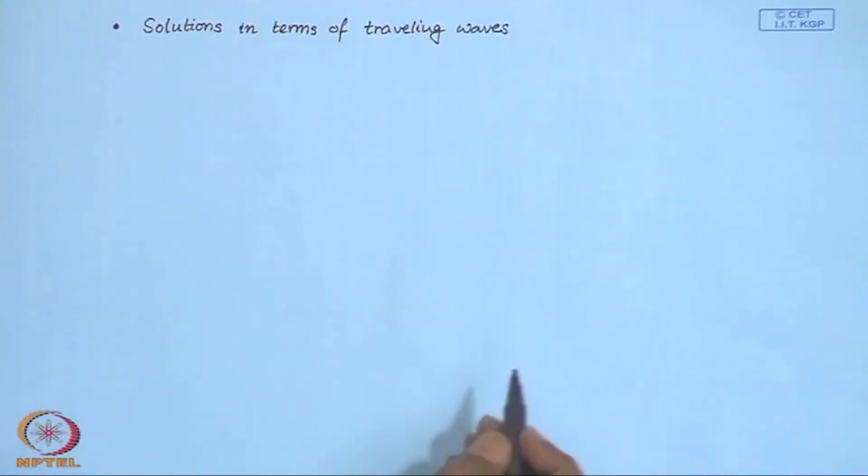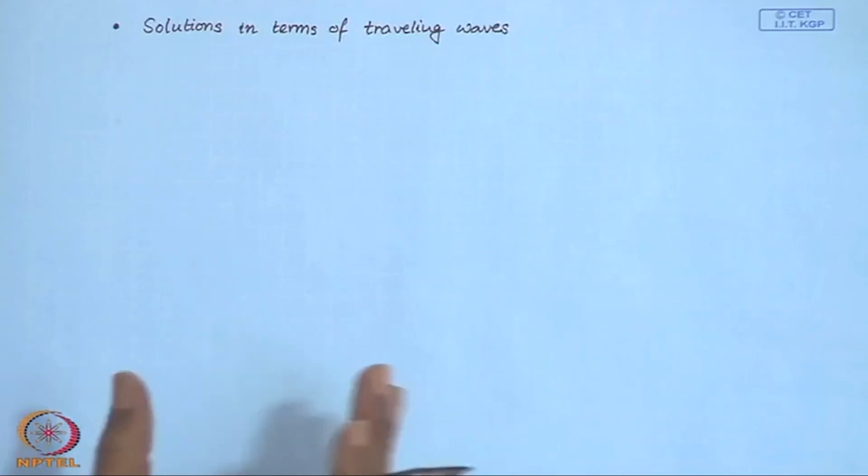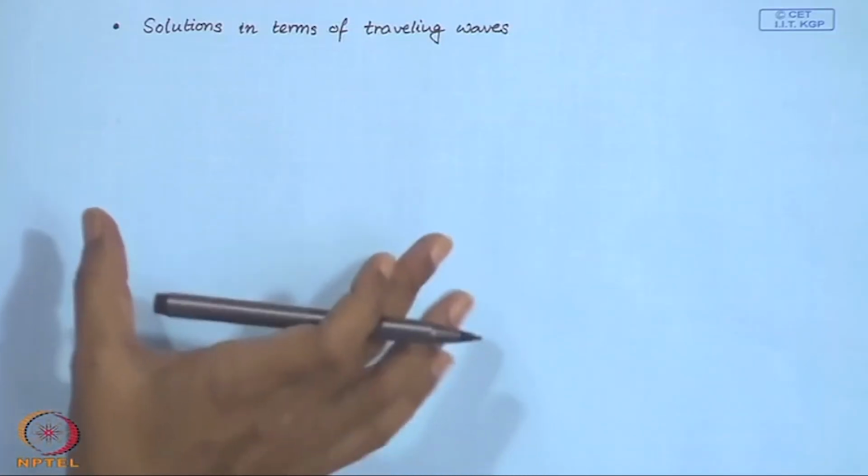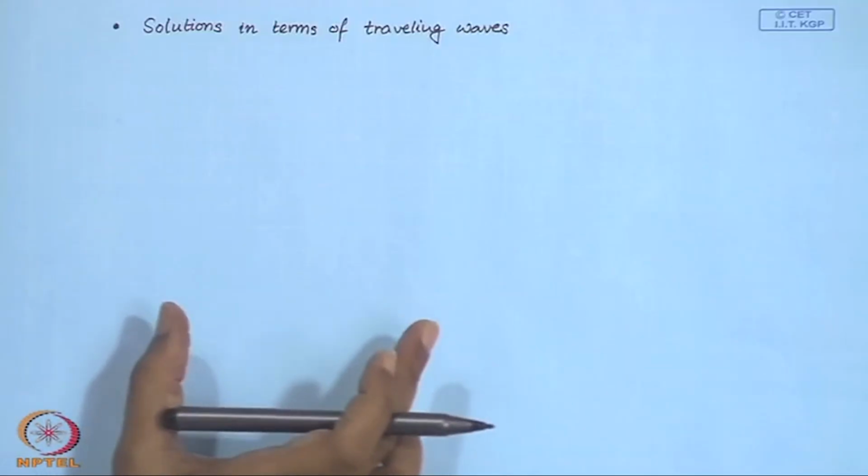In all these examples, we can understand the behavior of the system when we look at the solutions in terms of travelling waves.